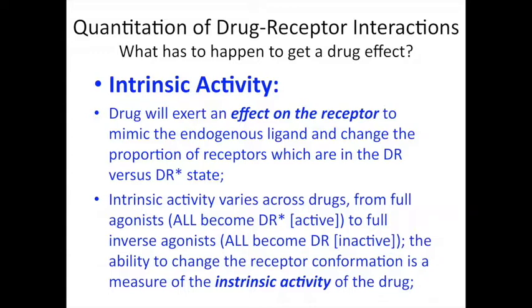So intrinsic activity, and we've already foreshadowed this. Intrinsic activity is essentially that the drug will exert an effect on the receptor to mimic the endogenous ligand, to change the portion of receptors that are in the DR state. That is, if it's a full agonist, after it binds, it converts all the receptors to the DR* state, the activated state.